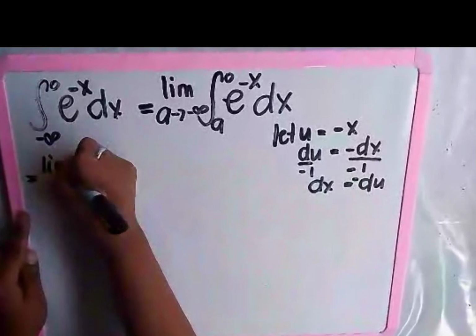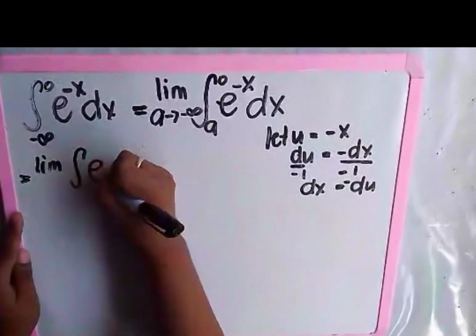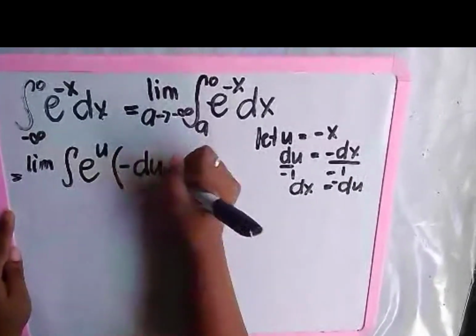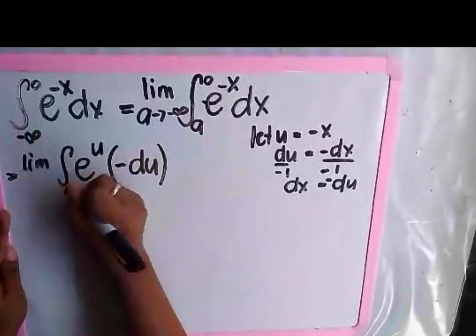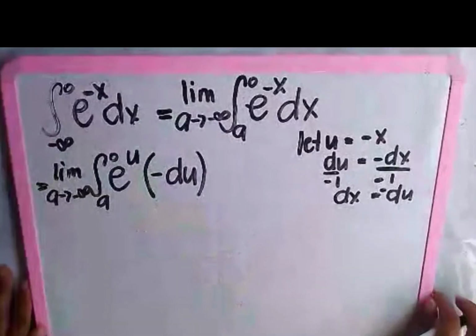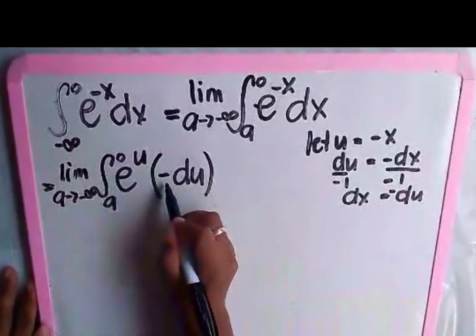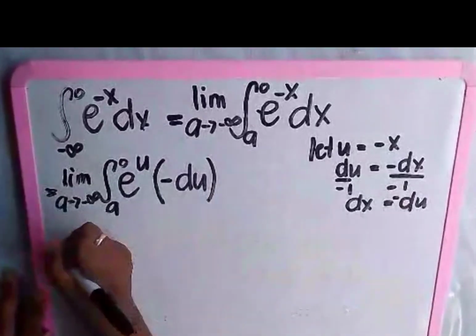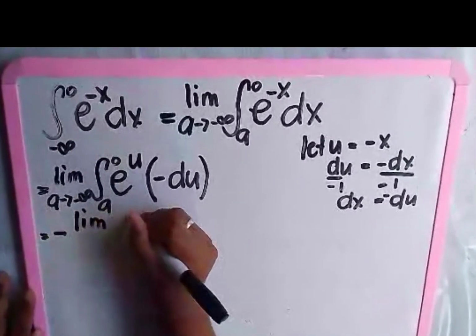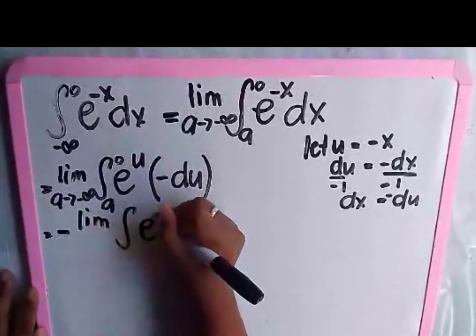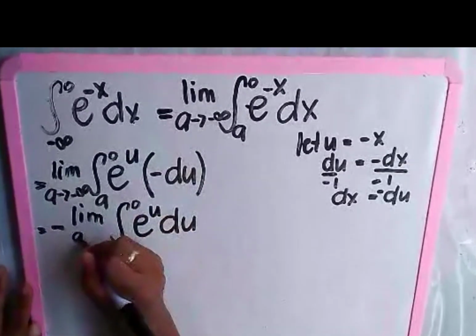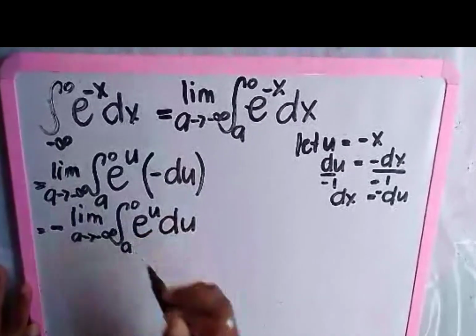The limit of the integral of e raised to u times negative du from a to 0 as a approaches negative infinity. And then, let's put the negative sign outside the integral. It is equal to the negative limit of the integral of e raised to u du from a to 0 as a approaches negative infinity.